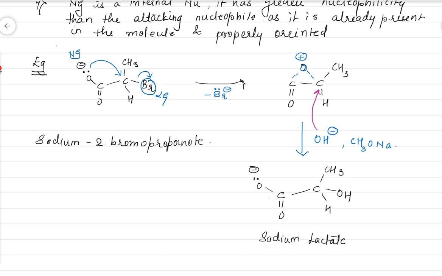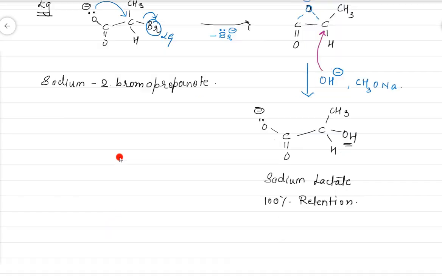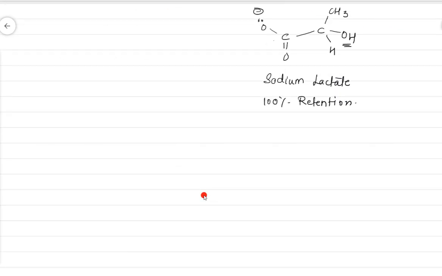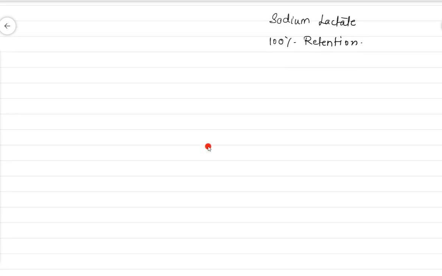What has happened? At the position of the Br, OH is present now. So this is 100% retention. Got it? Are you understanding this? These are some of the examples of nucleophilic neighboring group participation.